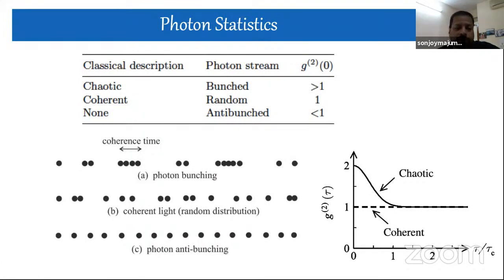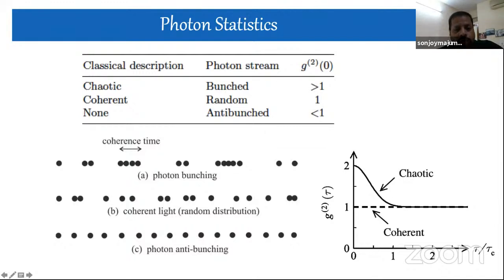So this will be the coherence length. This is kind of your chaotic scenario for the first one, and you will get this kind of scenario in the case of thermal light or chaotic light.